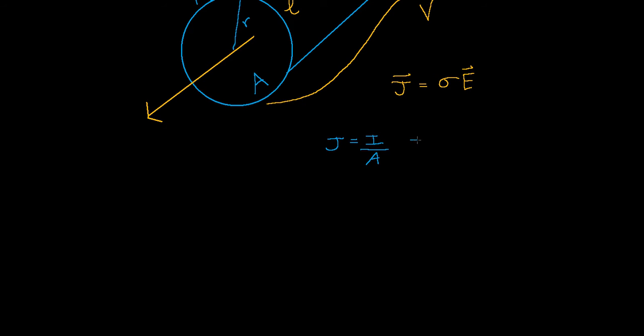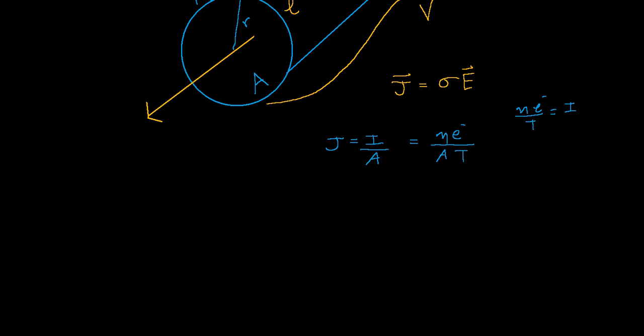Now the current is also equal to the number of electrons n times the electron charge e minus, divided by a certain time t. So n e minus divided by t is equal to I, which is the current, simply the amount of charge divided by time. n times e minus is the number of electrons times the charge of a single electron, and t is a certain amount of time that we measure the number of electrons passing through this point.